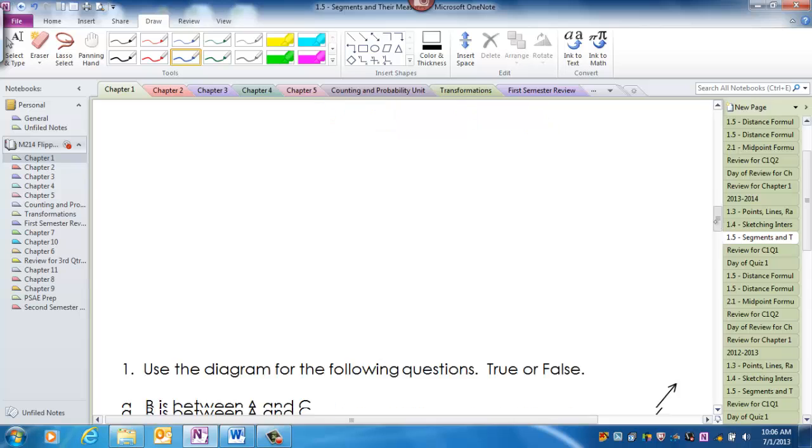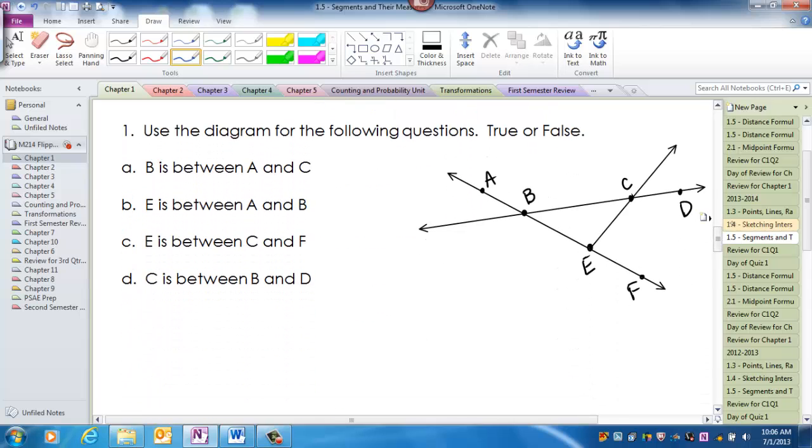Okay, let's try some examples. First, we have some true or false questions. Okay, so the first one, B is between A and C. Well, for B to be between A and C, two things have to be true. They first all have to be collinear.